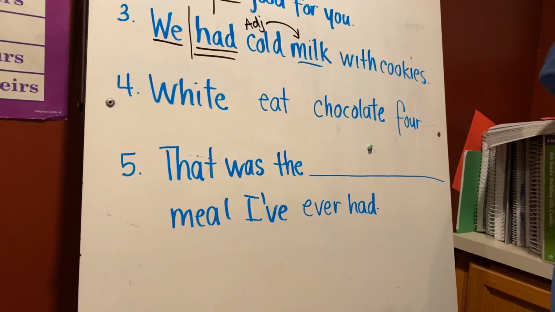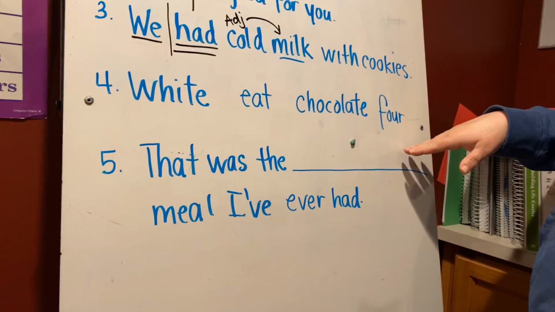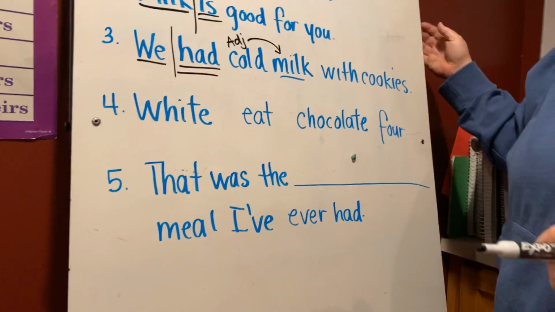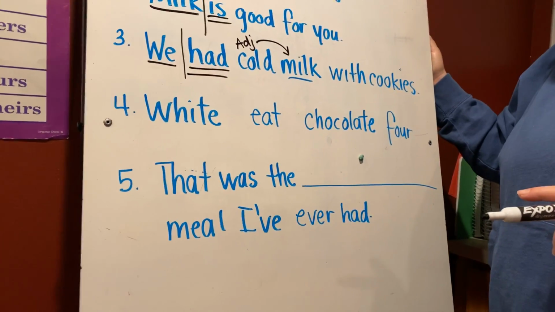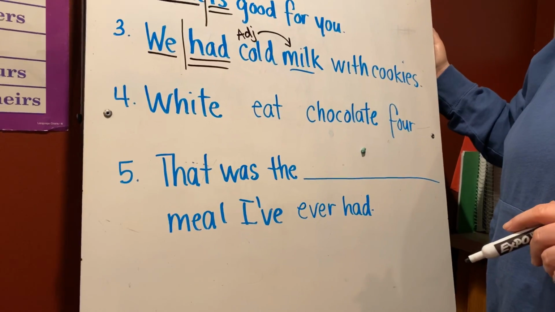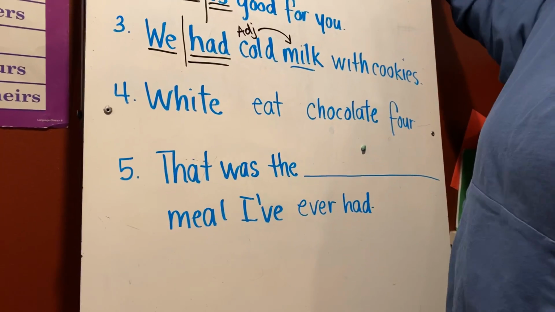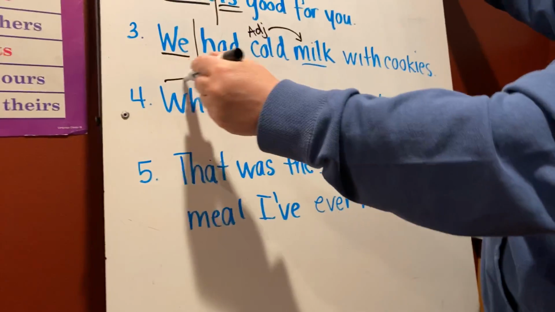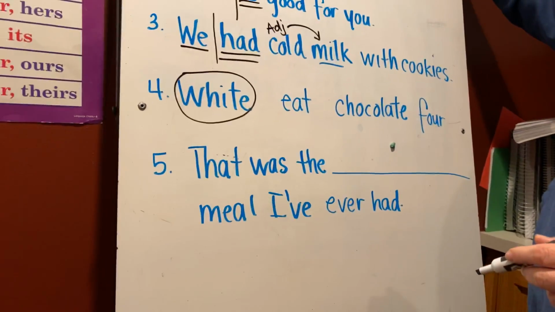Okay, let's look at 4. There are 4 words here, and I want you to circle the 3 adjectives. Go ahead and do that for a second. If you need to pause me, go ahead. I'm going to keep going. So white is an adjective that could describe your coat or your uniform shirt.